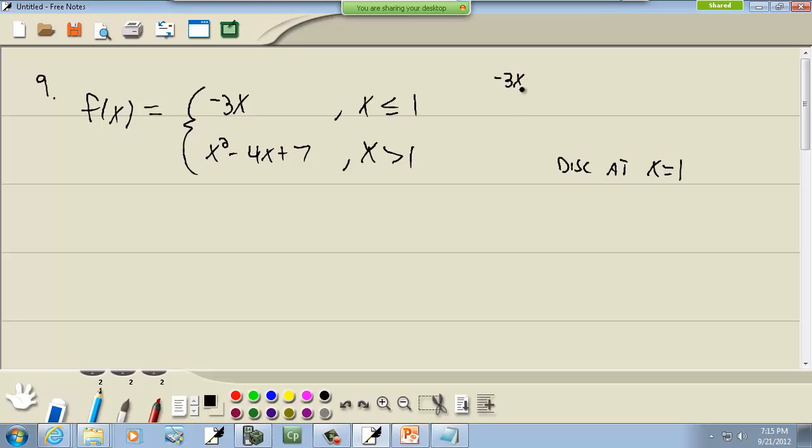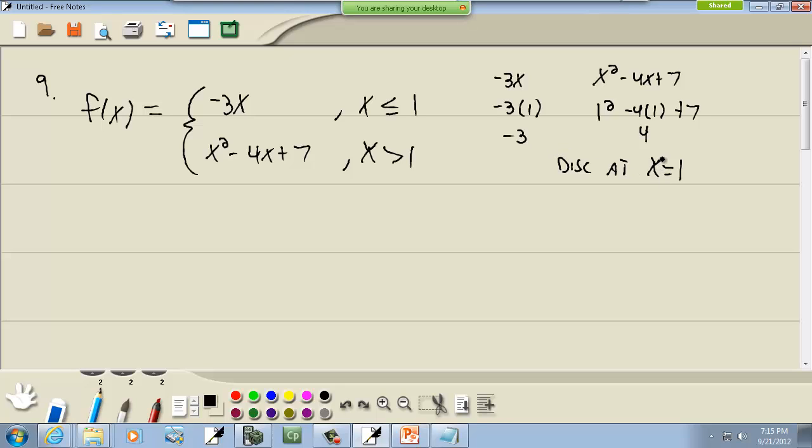I plugged the 1 into there, that gives us negative 3 on our first piece. And on our second piece, I plugged in 1 here. So that gives us 1 squared minus 4 times 1 plus 7, which gives us 1 minus 4 is negative 3 plus 7 gives us 4. Since they don't meet, I know there's a discontinuity there.